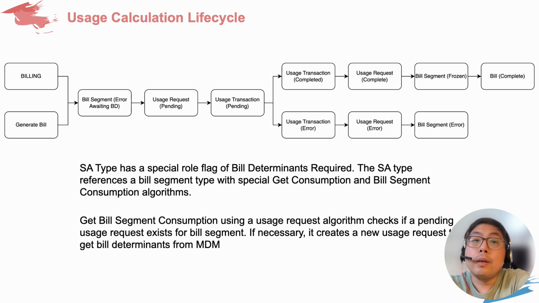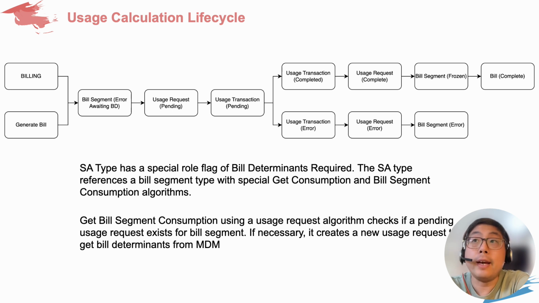If you need to customize, you need to understand where they happen, what they do, and how you can customize that. Over here, I would say the service type has a special role flag of bill determinant required.